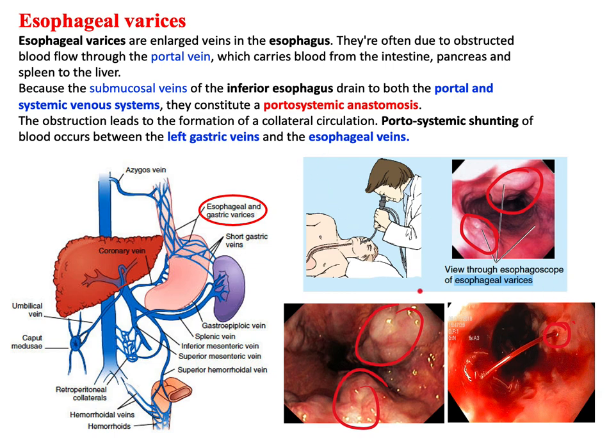So this is the blood from the left gastric vein here that anastomoses with the lower esophageal veins. This is a kind of anastomosis made here called porto-systemic anastomosis.